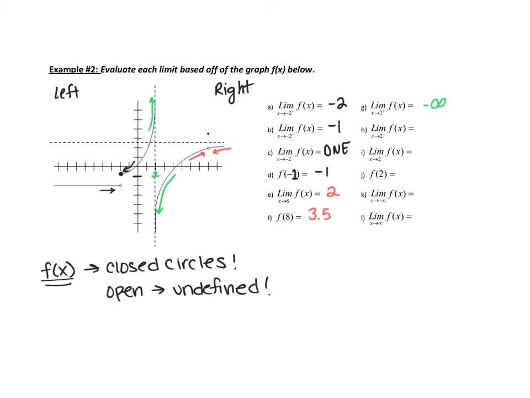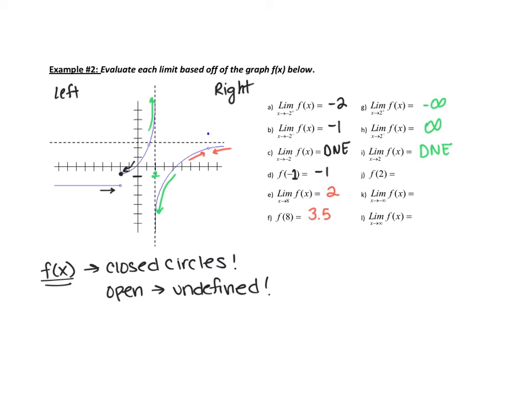If from the left with the minus sign, it's going up to positive infinity. So therefore, if I want to take the limit as x approaches 2 without a plus or minus, notice the limit from the left and the limit from the right don't meet at the same point. They're opposites, therefore the limit does not exist.